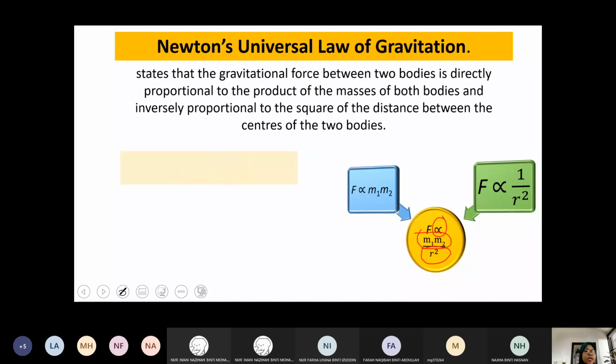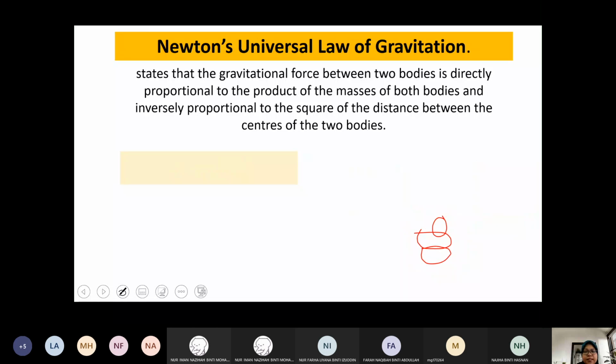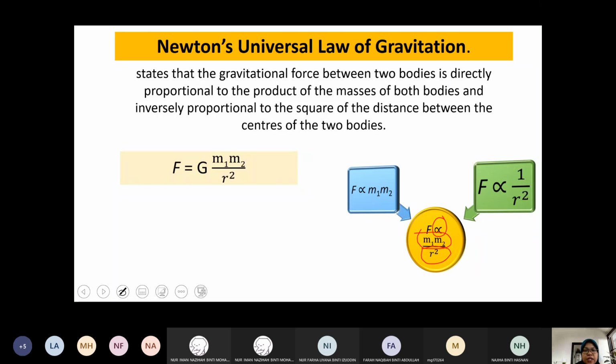Okay, and then you have learned mathematics. Okay, macam mana you change this symbol? You change this symbol nak jadikan dia dengan equation. Okay, macam mana daripada gambar, daripada relationship tu nak jadi equation?